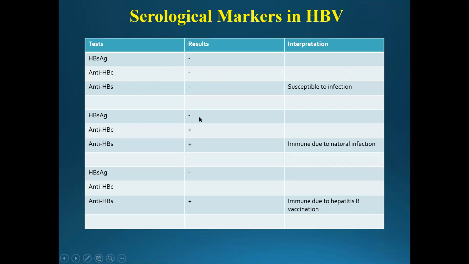Now, the next one is a patient who has hepatitis B surface antigen that is negative right here, but the core antibodies are positive and the surface antibodies are positive. So this is a patient who has met the virus before and now has developed immunity. How do you know that he has developed immunity?